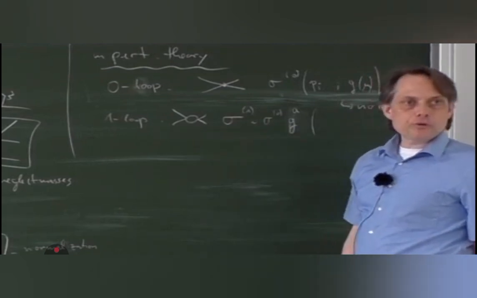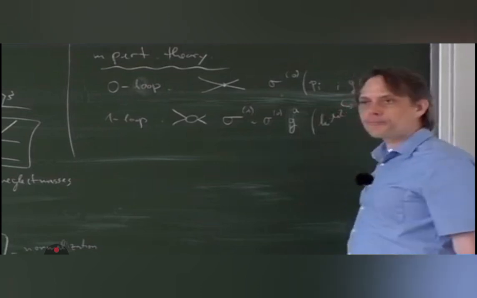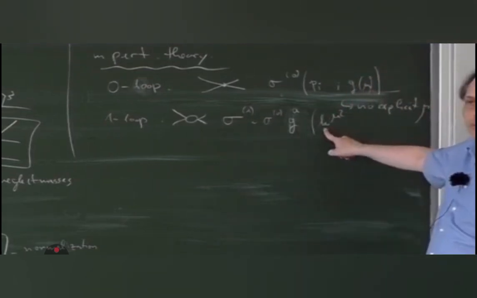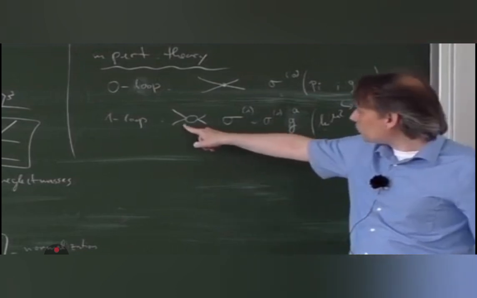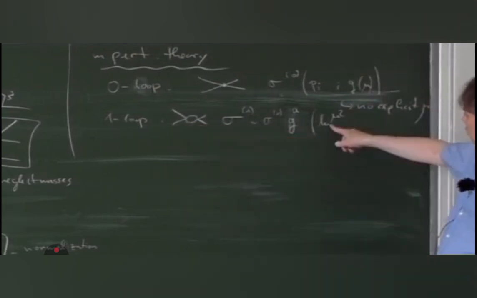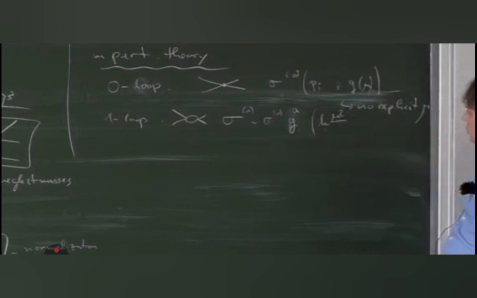The result of the loop can contain ln mu square, and we know the coefficient of the ln mu square is the same as the 1 over epsilon of the loops. But the log argument must be dimensionless. How can it become dimensionless? It must be accompanied by some other dimensionful quantities. But what can that be?